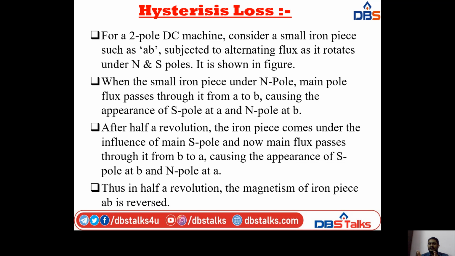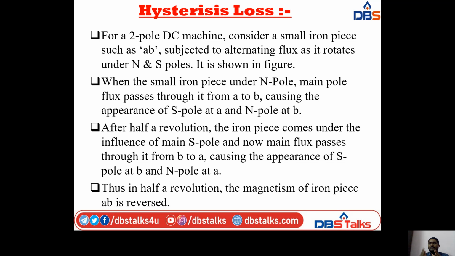When the small iron piece is under the north pole, the main pole flux, shown by that thick horizontal line, passes through it from A to B, causing the appearance of south pole at A and north pole at B.